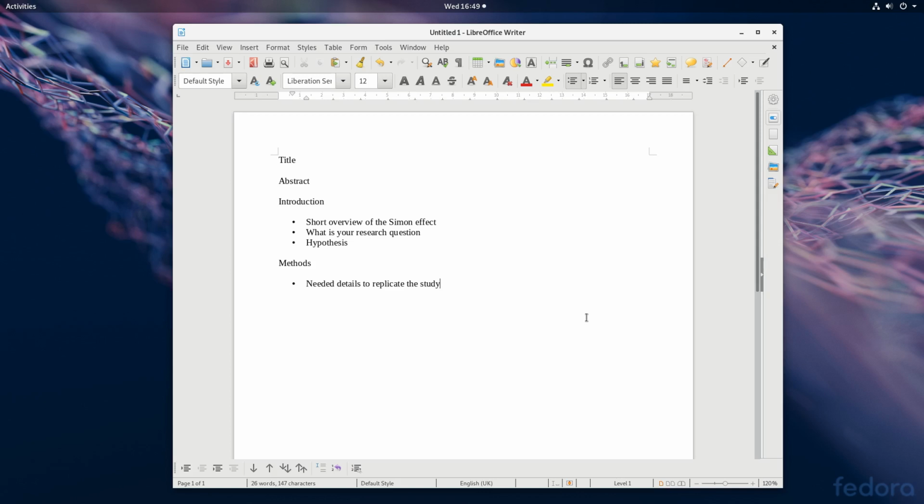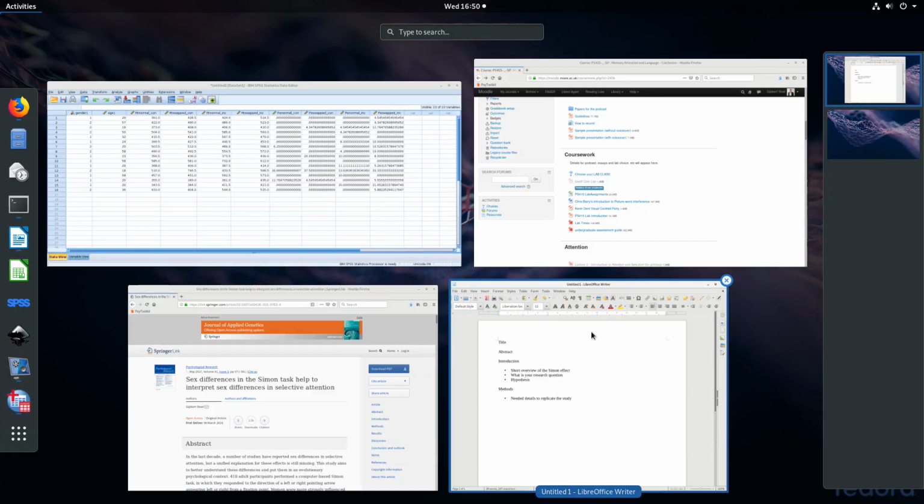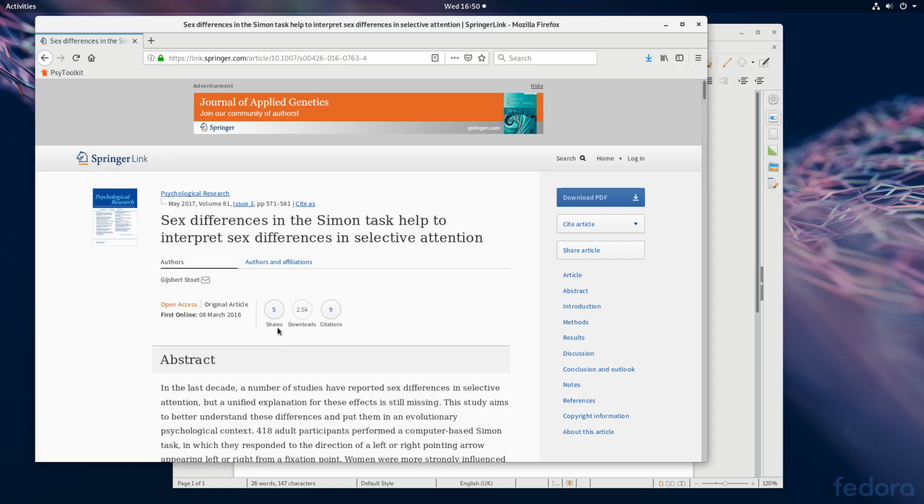Also, what is quite good in the methods is if you have something like a graphical representation of the task that people did. If you don't know what I mean, you can look at papers that have that. I have here, for example, an example paper about the Simon task.